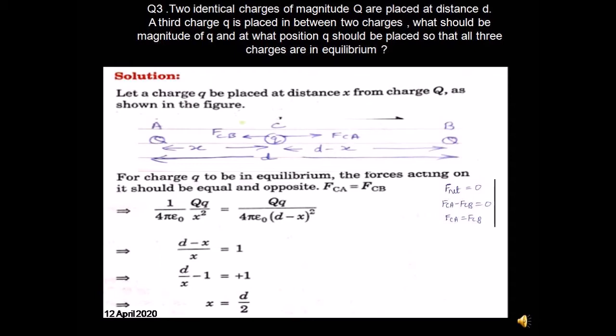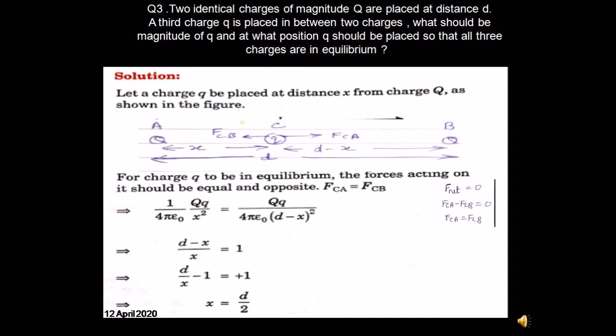By both, this small q is repelled. So these two forces are in opposite directions. Opposite vectors are subtracted, so FCA minus FCB is the net force. But according to the question we have to put it 0, the equilibrium condition, and equating the magnitudes FCA and FCB, we will get the position x equal to d by 2.